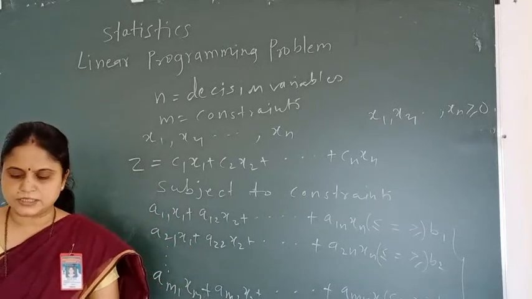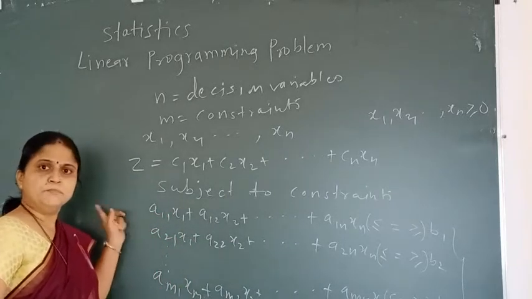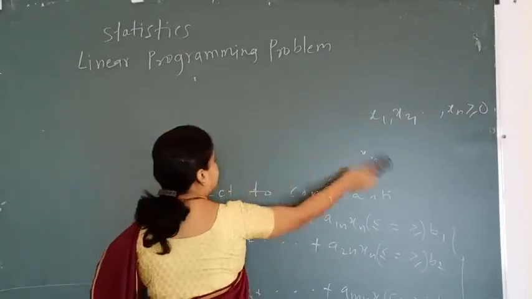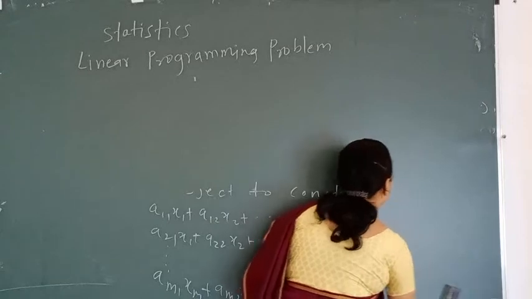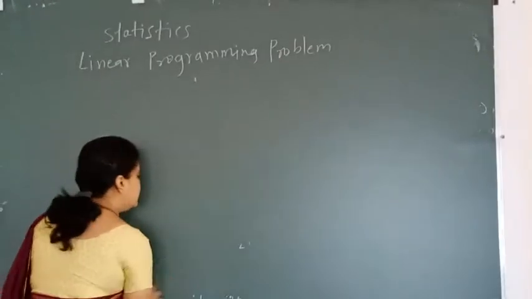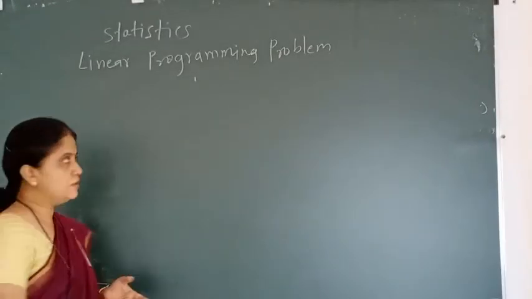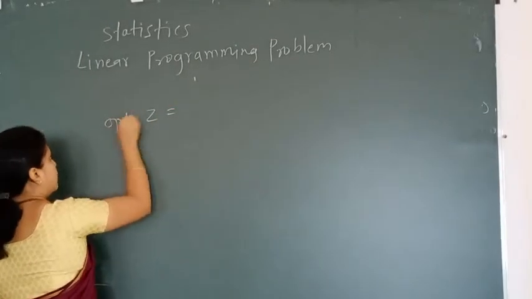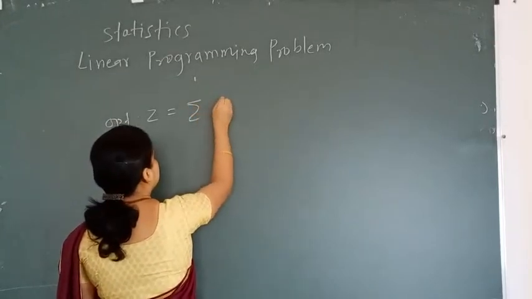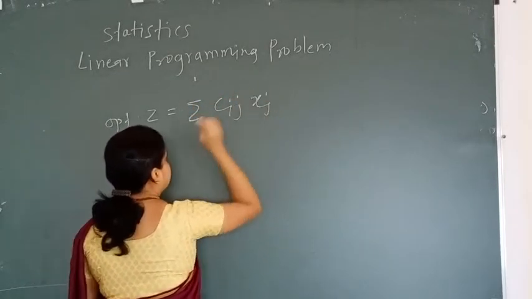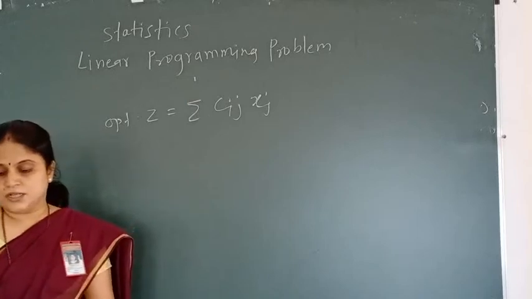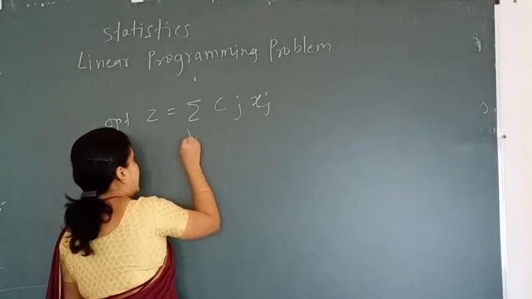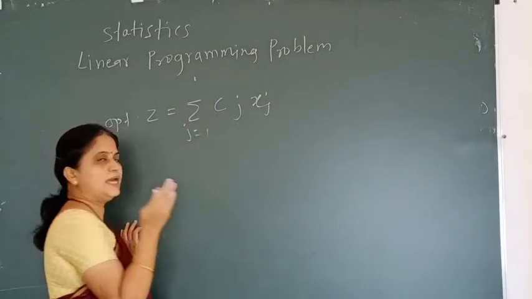I can also write this in matrix form, which we generally use in problem solving. Optimize Z equals the summation of cjxj, with j varying from 1 to n, since you have n decision variables.